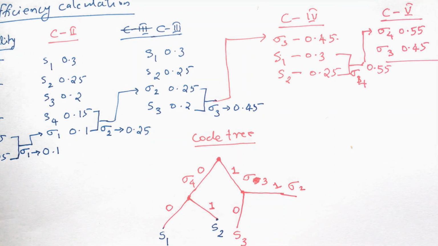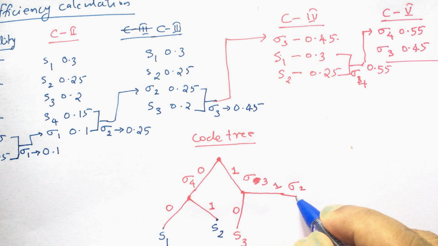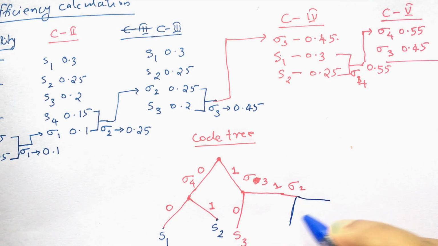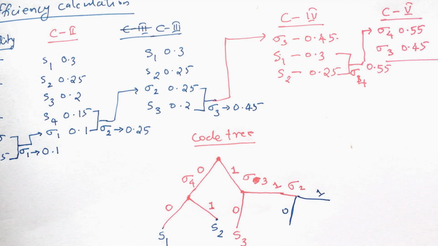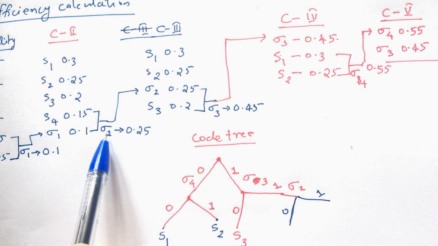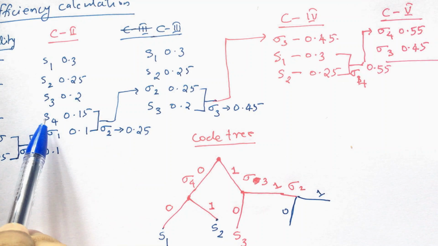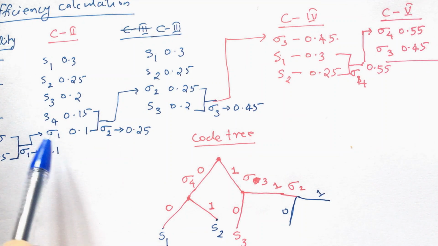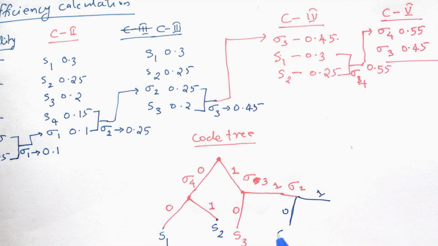Here the tree is terminating, since we got a symbol. Now we need to branch sigma 2 again, assigning 0 and 1. Sigma 2 is the combination of S4 and sigma 1, so I am giving S4 here and sigma 1 there.